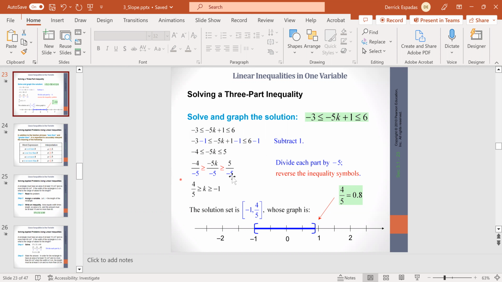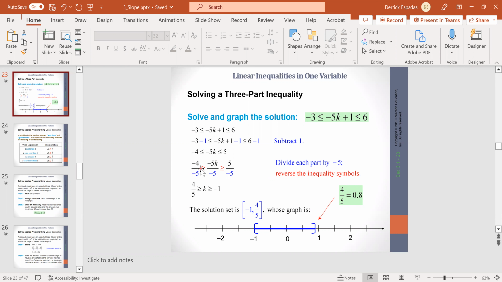Now we're going to learn a new rule here, because we want to get rid of that negative 5. Negative 5k means negative 5 times k. The opposite of multiplication is division. When we're working these inequalities, if we multiply or divide by a negative number, we have to flip our signs. So we divide each section by negative 5 and flip the direction of the signs.